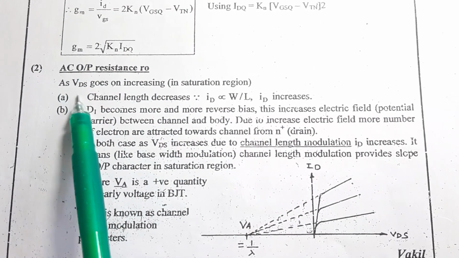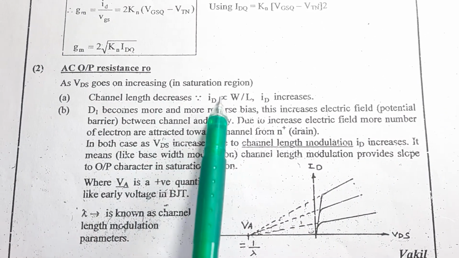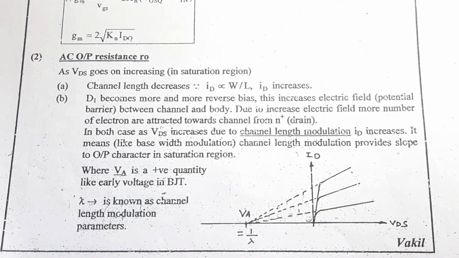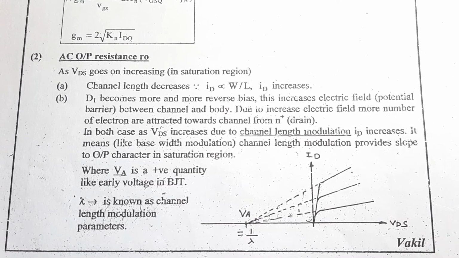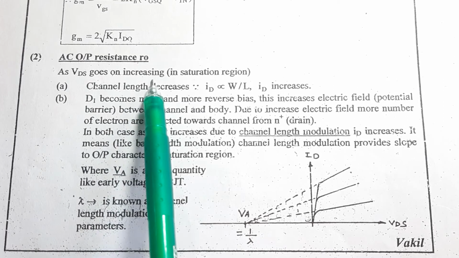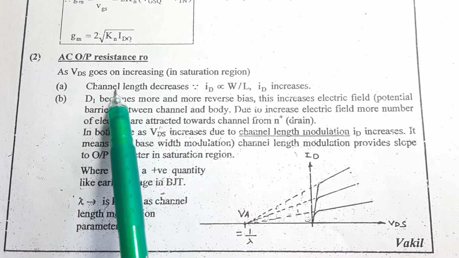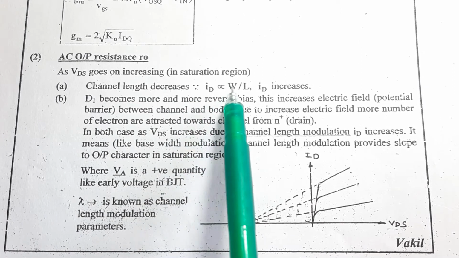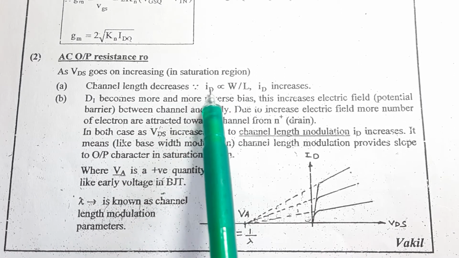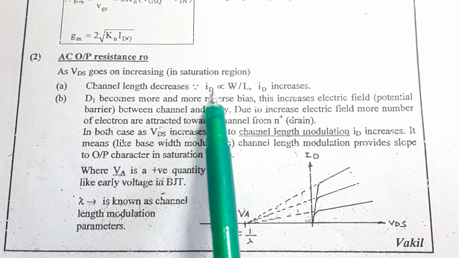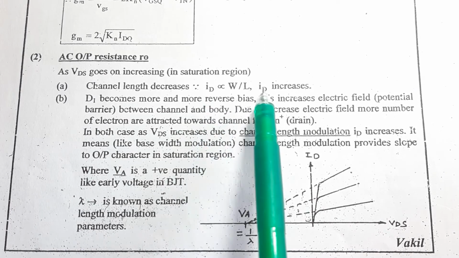Now as VDS goes on increasing in the saturation region, and of course you need to remember that if you want your MOSFET to work as an amplifier, it has to be in the saturation region, the channel length decreases, since ID is directly proportional to W by L. If the length decreases, ID increases, since they are inversely related.